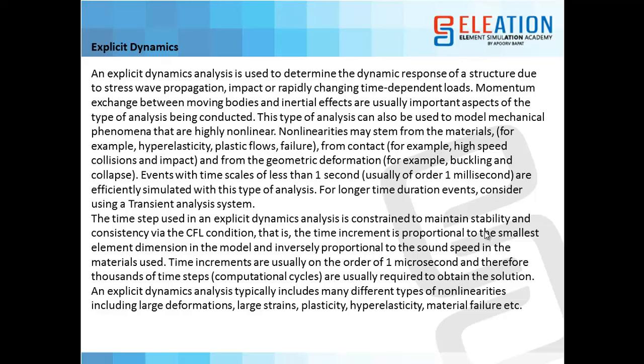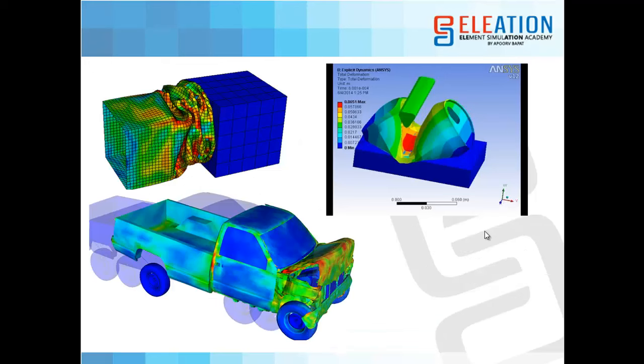An explicit dynamic analysis typically includes many different types of nonlinearities, including large deformation, large strain, plasticity, hyperelasticity, material failure, etc. So you can see these are different examples of dynamic analysis where the deformation is dependent on time. For this particular time, this is the deformation which is coming.